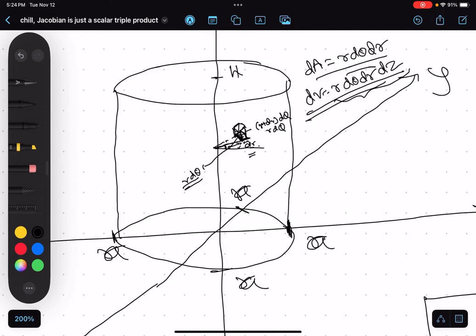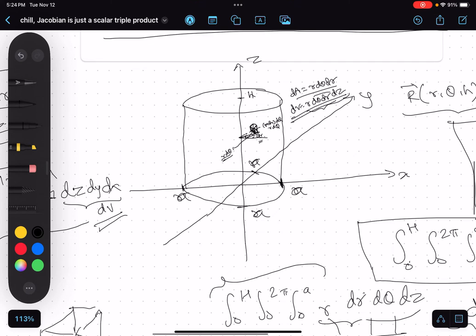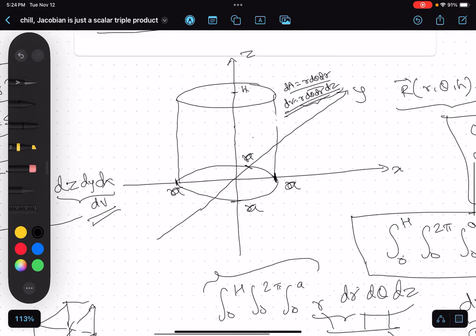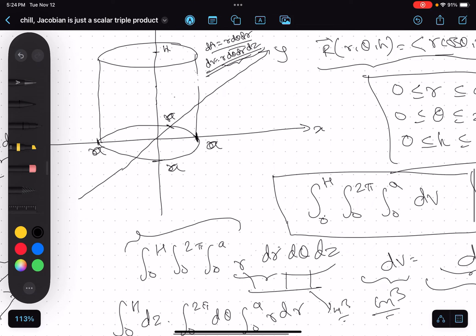Now how we can find this is, let's draw another cylinder, or let's just erase what we have drawn over here. Okay. Now, first of all, know that this r vector is the one that gives us all the points in this cylinder, right?